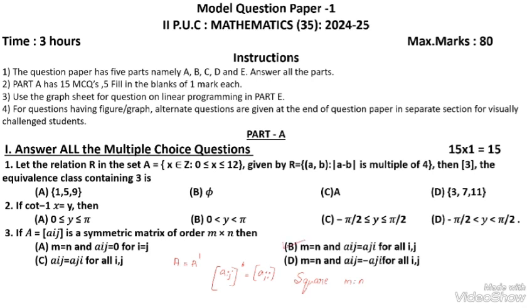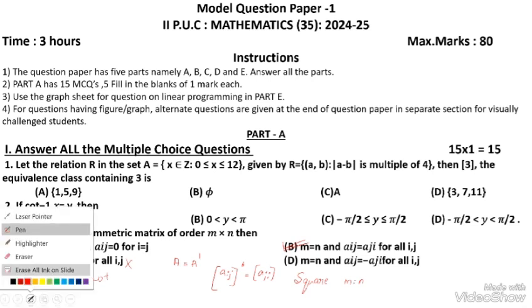Option number 2 is right. Option C is also the same, but here the order is not mentioned. That's why the suitable answer will be option number B.